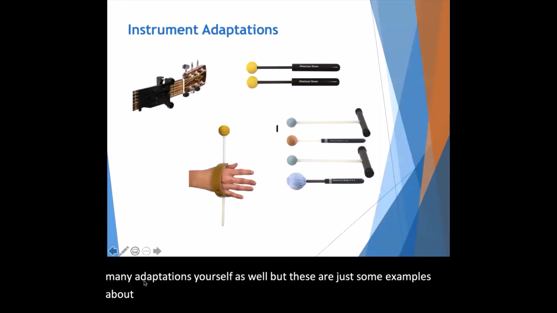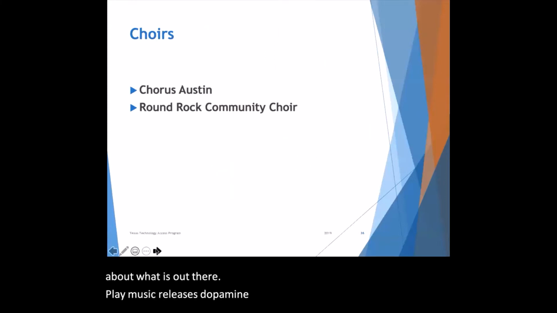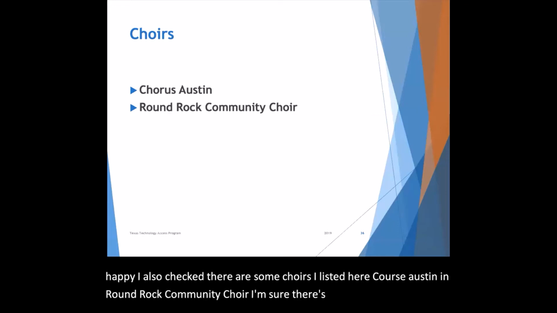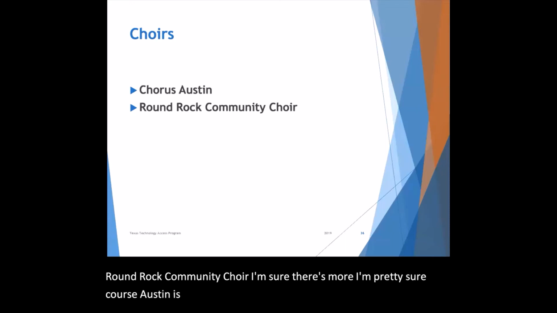Playing music releases dopamine in your brain. It makes you feel better and happy. I also checked, there are some choirs. I listed here Chorus Austin and Round Rock Community Choir. I'm sure there's more. I'm pretty sure Chorus Austin is doing some online performances. In other parts of the country, there are online choirs where you can sing with other people.